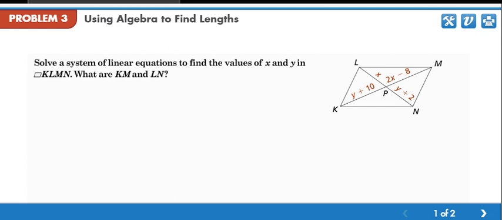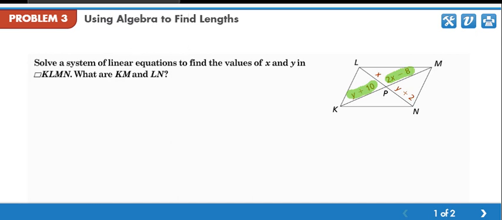So it says solve a system of linear equations to find the values of x and y in the parallelogram KLMN, and wants to know what is the length of KM and LN. Alright, so we look at this. We know that when we have a parallelogram and we have diagonals, when they come together, this side right here is going to be congruent to this side, and we'll use a different color.